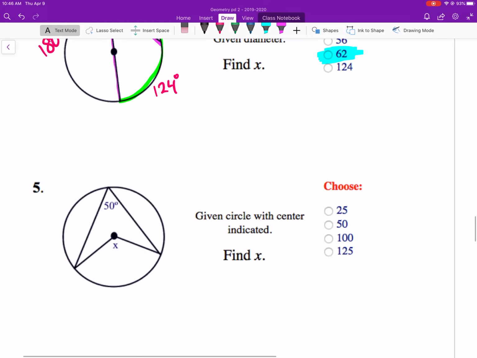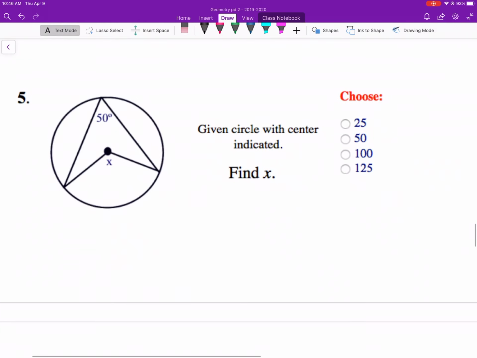All right. Next, given circle with center indicated, so we have a center. That 50 degrees, that's an inscribed angle. It meets on the circle. The two lines that open up, these two chords, open up here and here. So the intercepted arc would be this right here.